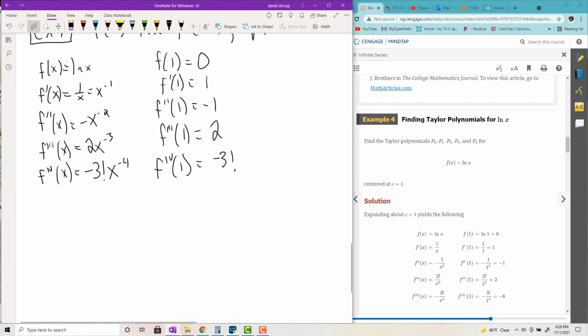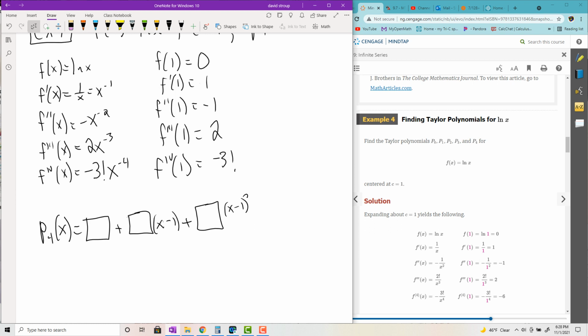Okay, so our Taylor polynomial P4 of x, and sometimes I like to kind of think of it as a fill in the blank. So it's f of 1 plus f prime of 1 times x minus 1 plus f double prime of 1 times x minus 1 squared all over 2 factorial plus blank. This will be x minus 1 cubed over 3 factorial.